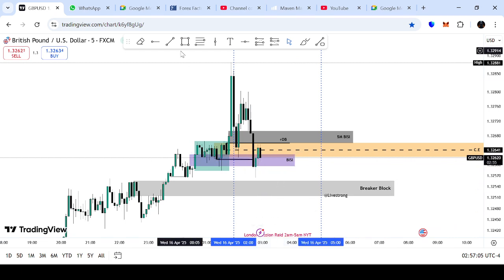You have that closing there. Mark it as an order block.